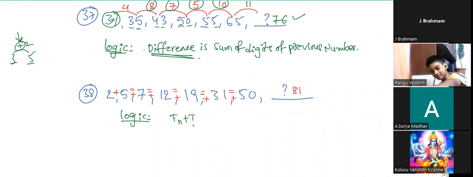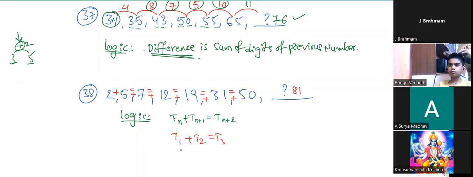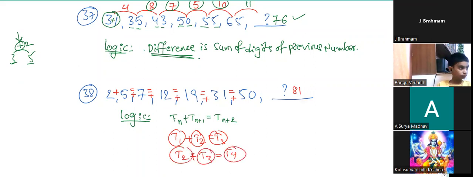Sir, what is Tn? Term n. If you substitute 1 in place of n, T1 plus T2 will be T3, meaning term 1 plus term 2 equals term 3. If you substitute 2 in place of n, T2 plus T3 will be T4, meaning term 2 plus term 3 will be term 4.